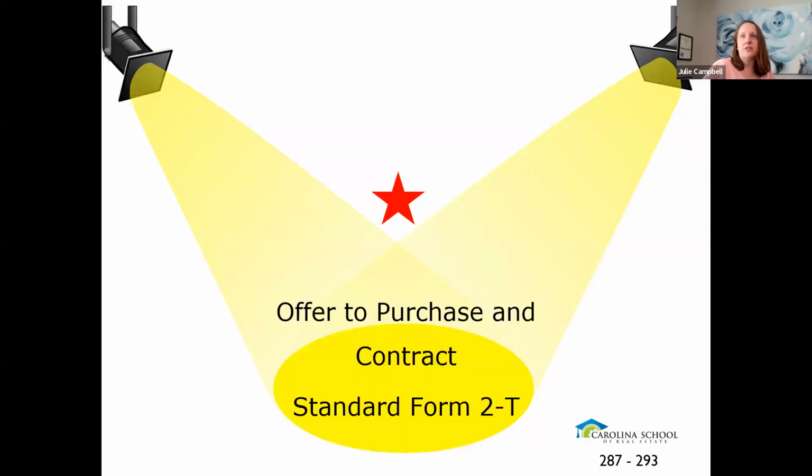So our offer to purchase and contract, these pages, 287 to 293, just explain a little bit further some of the provisions that we talked about. As I mentioned the other day, if you don't do anything else with the offer to purchase and contract, I think you should read the first provision, the terms and definitions, because that defines exactly what is due diligence, what is earnest money, that kind of thing.